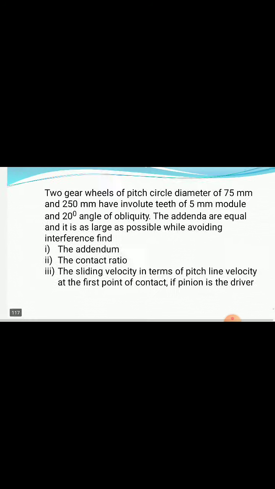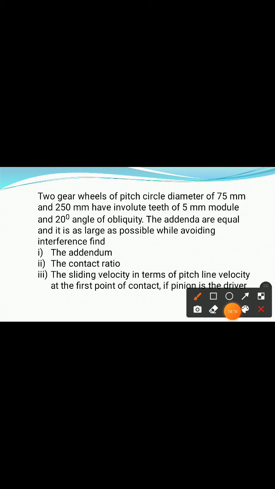Here the pitch circle diameters are given, the module is 5 millimeter, the pressure angle is 20 degree, and they are asking for the addendum contact ratio and sliding velocity in terms of pitch line velocity.